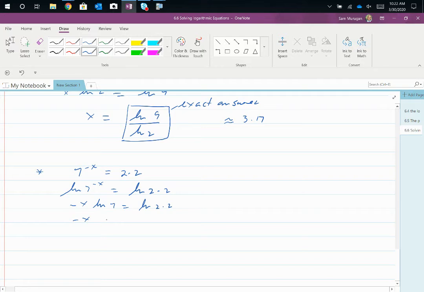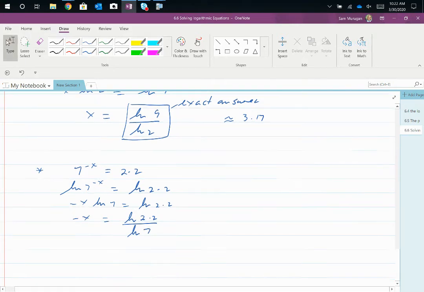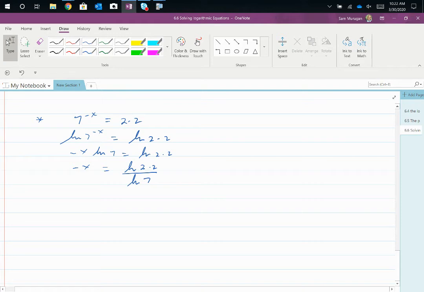So negative x is equal to ln 2.2 over ln 7. So x is equal to negative ln 2.2 divided by ln 7.